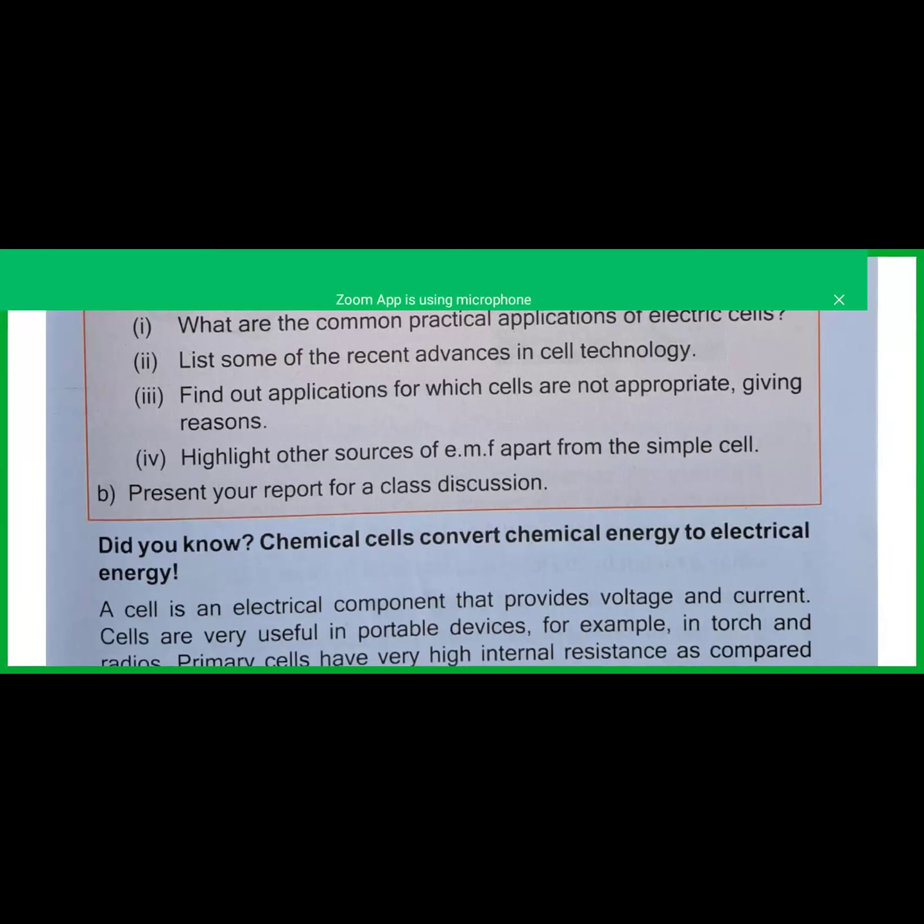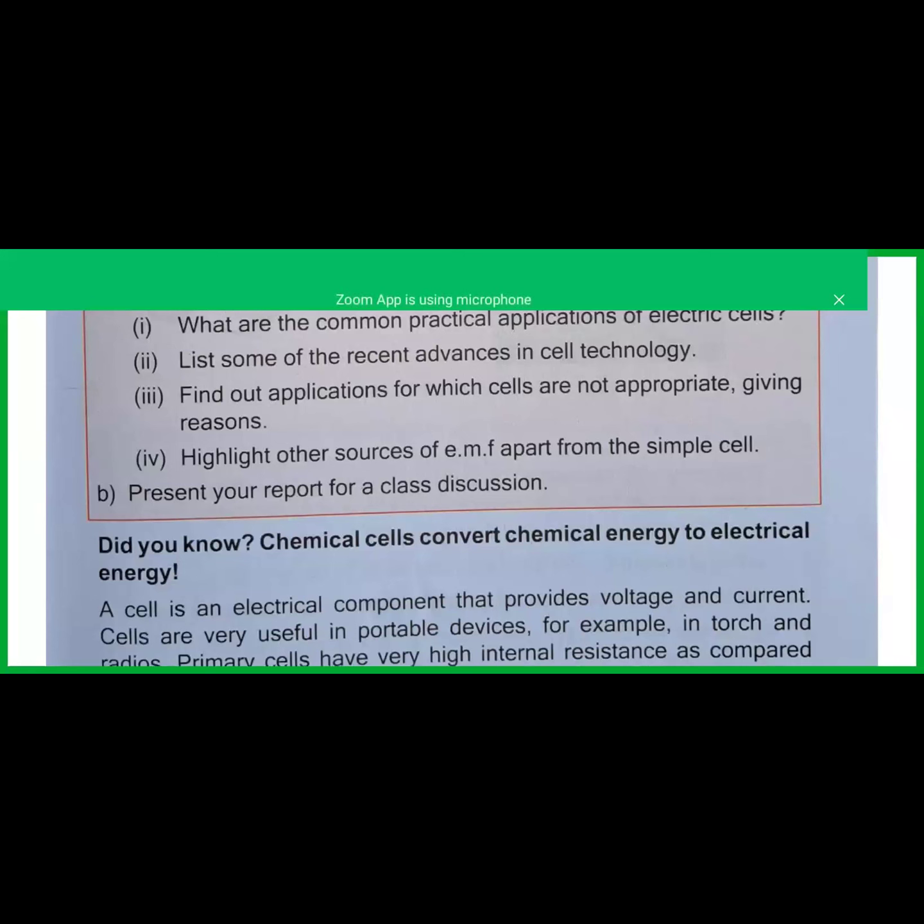Linda? Teacher, according to my research, they're actually telling us even transformers are also sources of EMF. And then I also have thermoelectric devices and photodiodes.